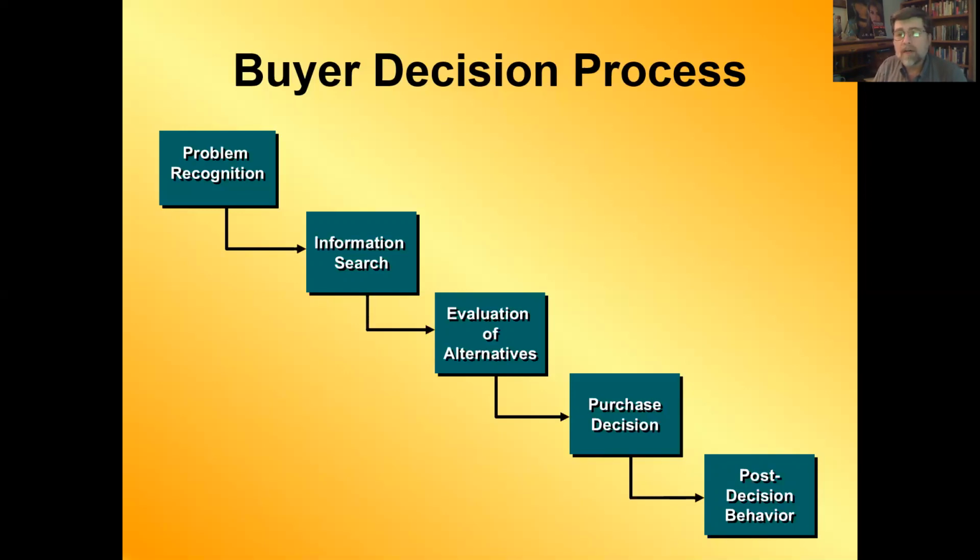We need to provide opportunities for people to evaluate our product. This is why car dealerships give test drives. They want to help you evaluate very quickly. And for purchase decisions, this is where we maybe offer incentives to push people towards our product.